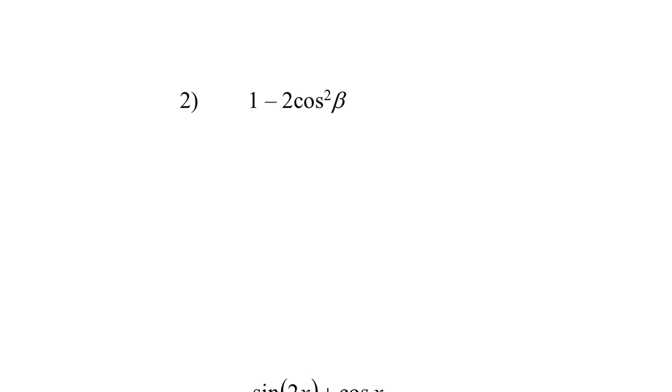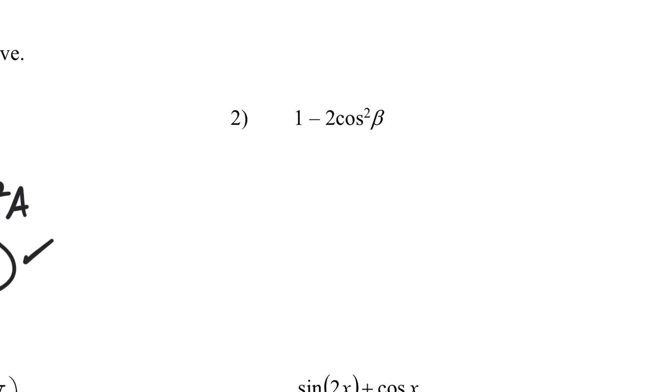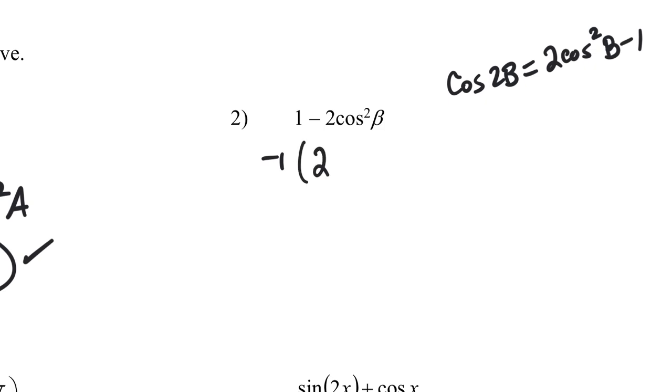Here's number 2. And again, this seems familiar to me. I see that 1 minus 2 cosine squared, but it's not quite right. I know that cosine of 2b is 2 cosine squared b minus 1. So if we were to factor a negative 1 out, we would create that exact identity.